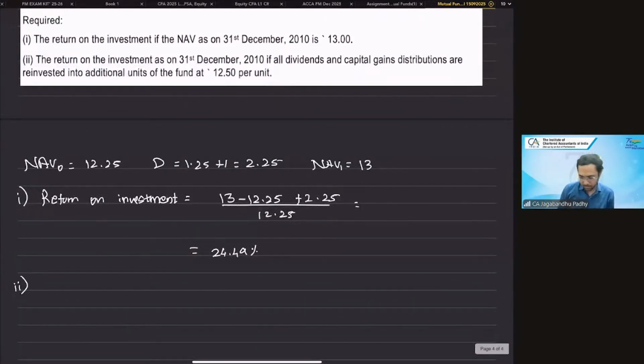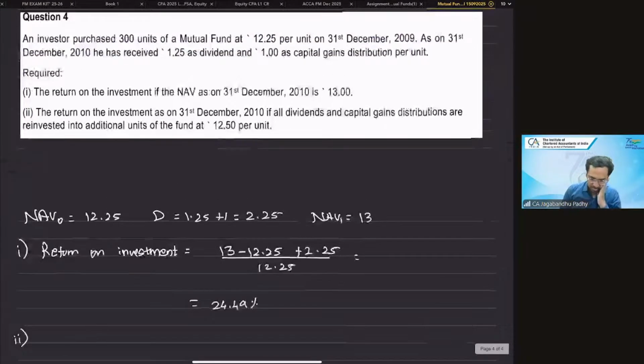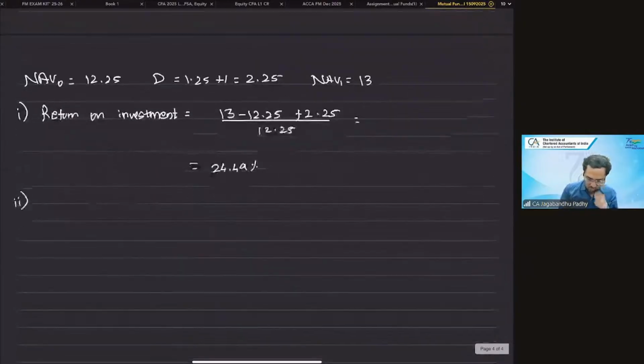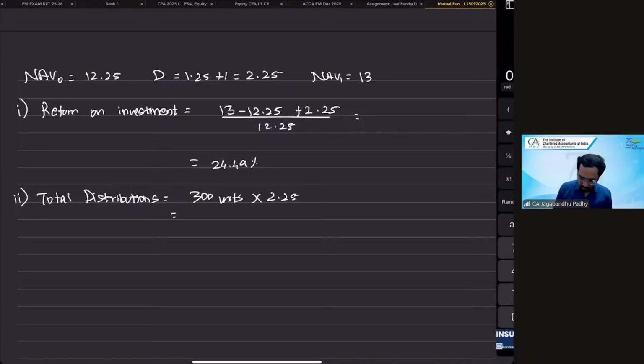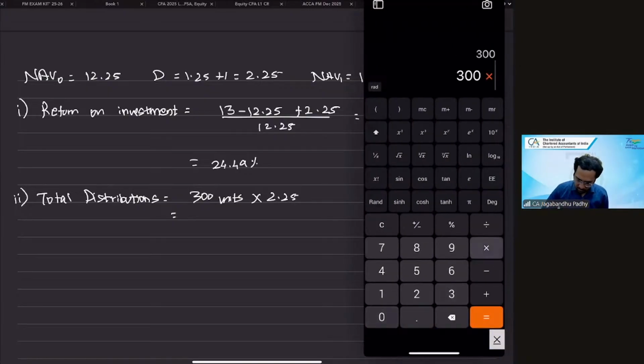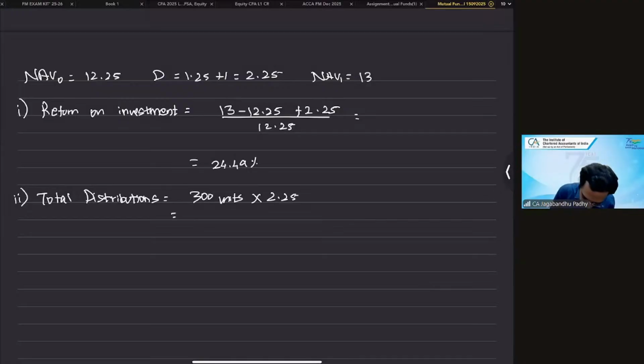So what is the total distributions? 300 into 2.25 per unit. How much is this? 675 rupees is the total amount of distributions, right?